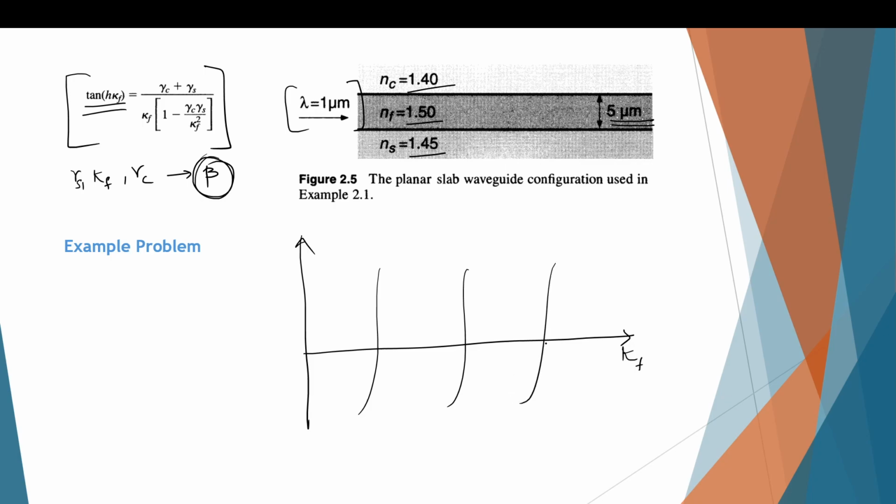It will be a function like this, right? It keeps going from negative infinity to positive infinity, something like that. And then I'll plot the RHS. So RHS might be something like this. I have actually done it in MATLAB. I'll show you just now.